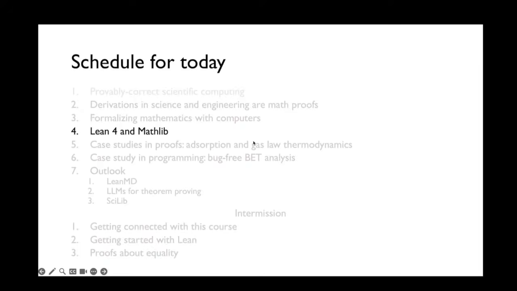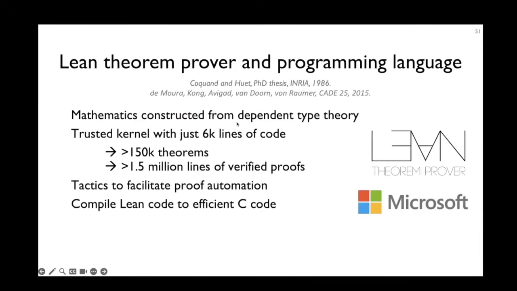Let's talk now about Lean 4 and mathlib, the theorem-proving system we are focused on. Lean was developed starting in the 2010s at Microsoft, where Leonardo de Moura and his team developed the Lean program.